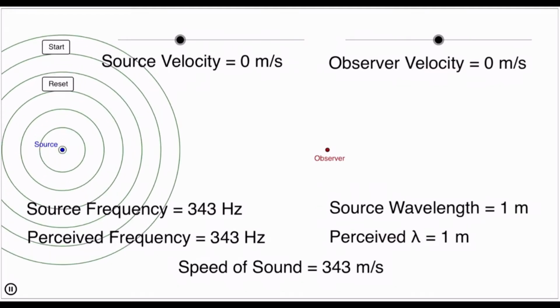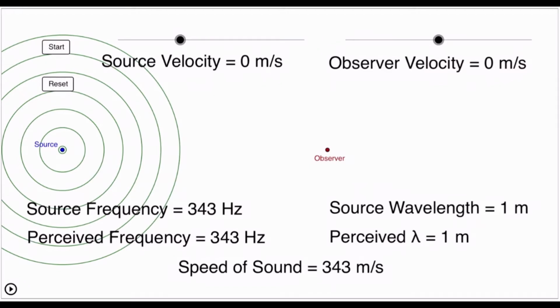I'll just demonstrate here. You can see we've got these waves around here where the green line represents a crest and the middle of the space in between represents a trough. So we're looking at waves from above this time, sort of in 2 dimensions.